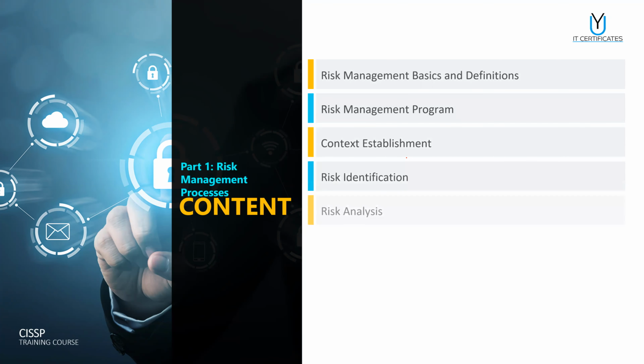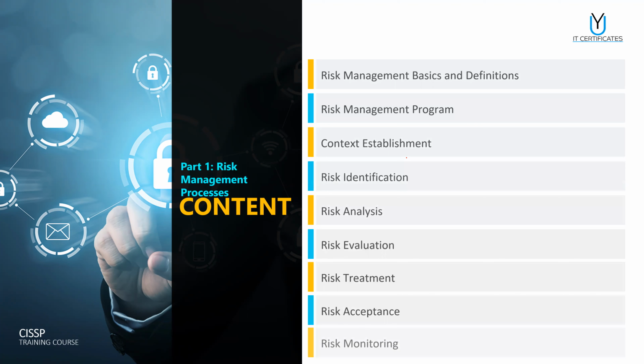In the risk management processes part, we will cover the risk management basics and definitions, risk management program, context establishment, risk identification, risk analysis, risk evaluation, risk treatment, risk acceptance, and finally risk monitoring.